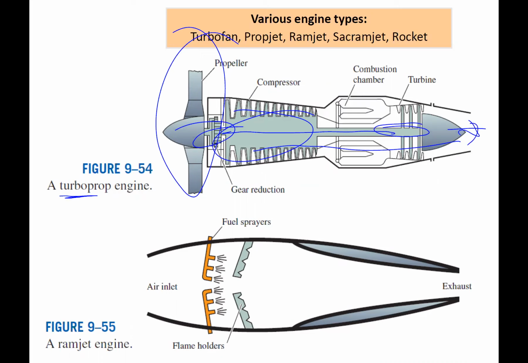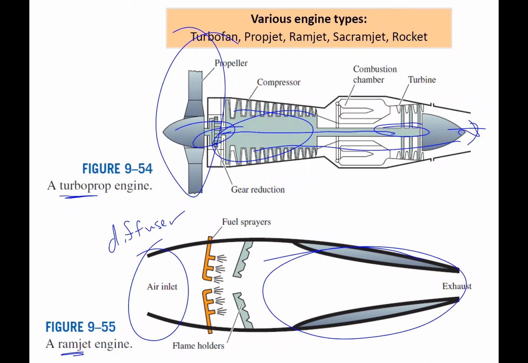Okay. Here we show a ramjet. So this is missing the compressor and the turbine. It's raising the pressure and temperature all with the diffuser right here, and then has the nozzle right here.